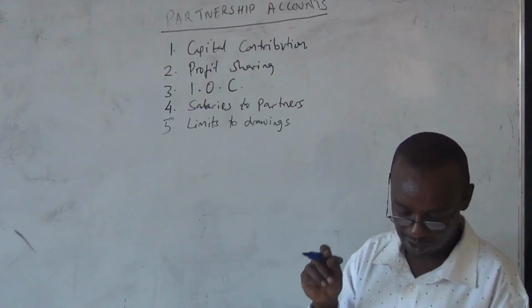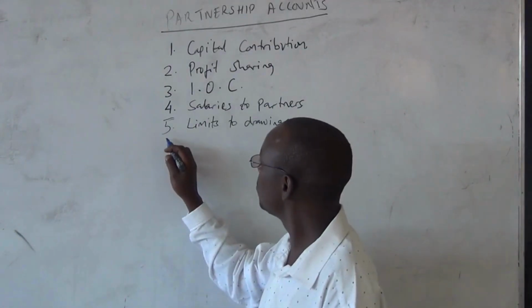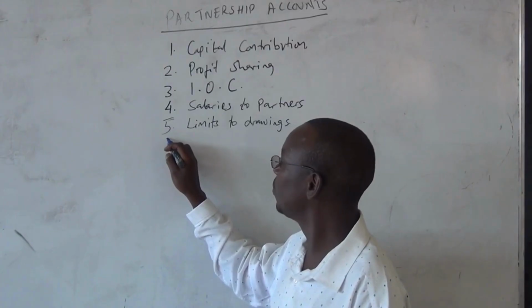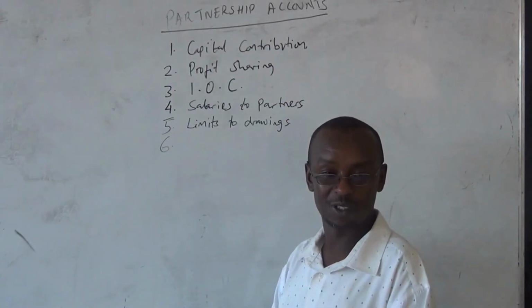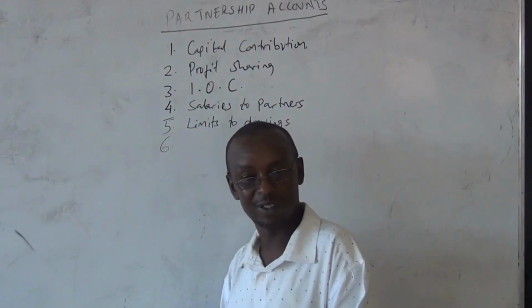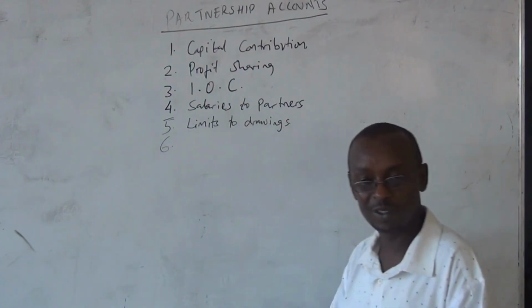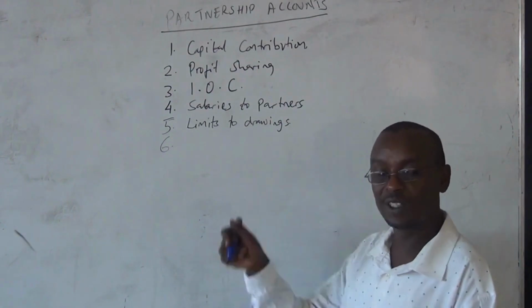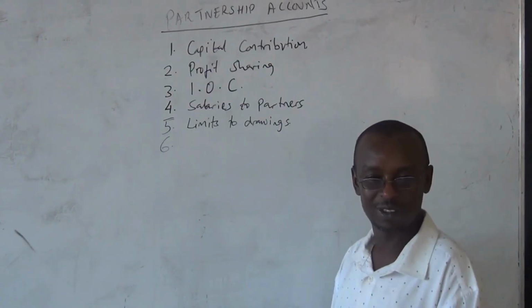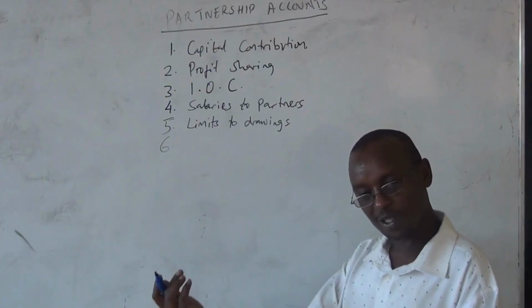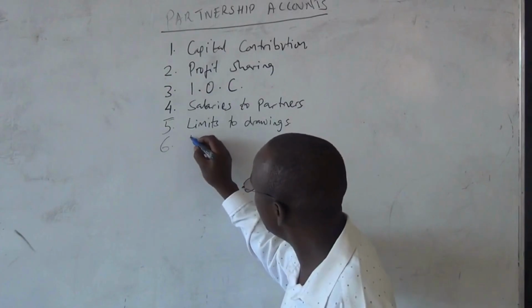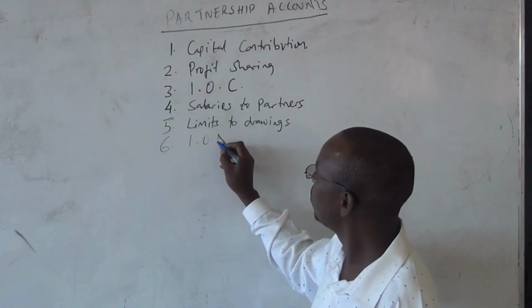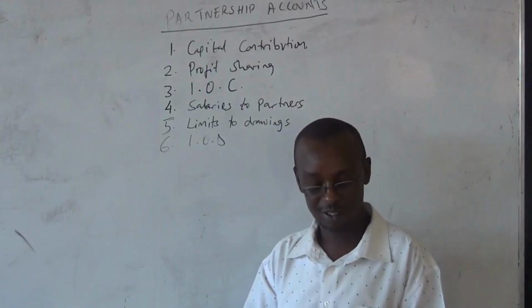Then these drawings, if you draw cash from the business for school fees, maybe you can go to university, you can draw 50,000 for your fee. That money will be attracting an interest. At the end of the year, there's some interest you pay to the business. So we are going to agree on the interest on drawings. Okay?